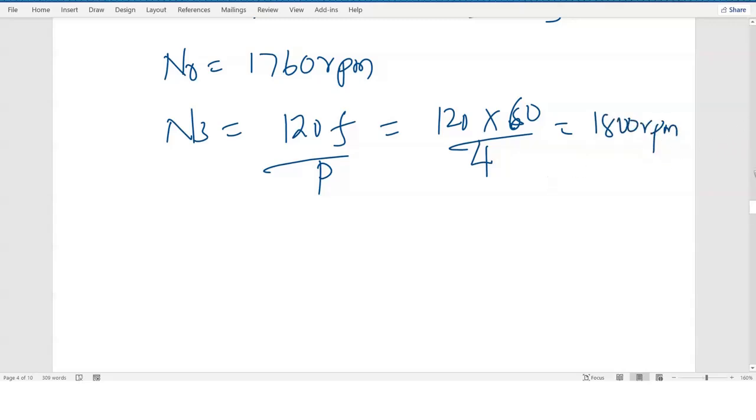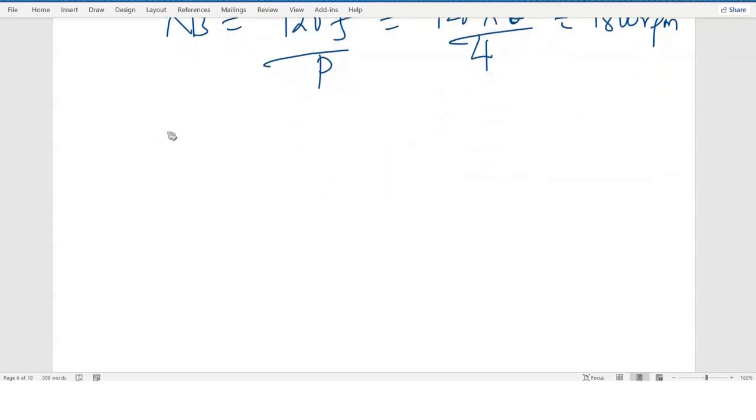So meaning we can get the slip. The slip is going to be NS minus NR divided by NS.